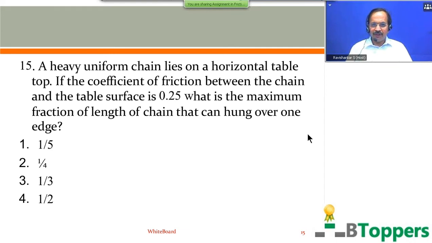Four options are shown on the screen. First option 1 by 5, second option 1 by 4, third option 1 by 3, fourth option 1 by 2. This problem comes under one of the special cases which are discussed in the first set of special cases in friction.